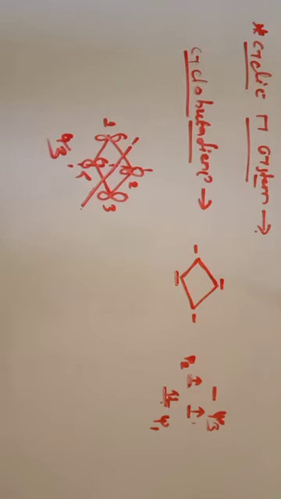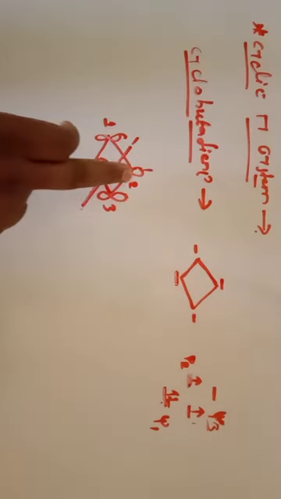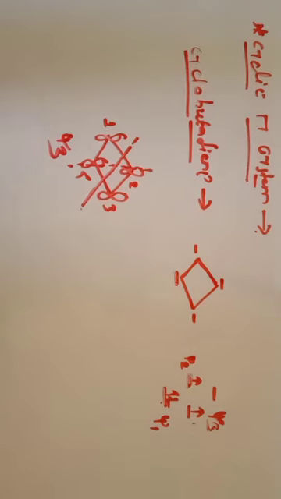For cyclobutadiene, the node passes through carbon numbers 2 and 4, and the next one is the node perpendicular to the plane of the molecule, which bisects the molecule into two equal halves, and this is your psi 3. So you should remember that psi 1 is the bonding molecular orbital, and every p orbital is involved in pi bond formation.